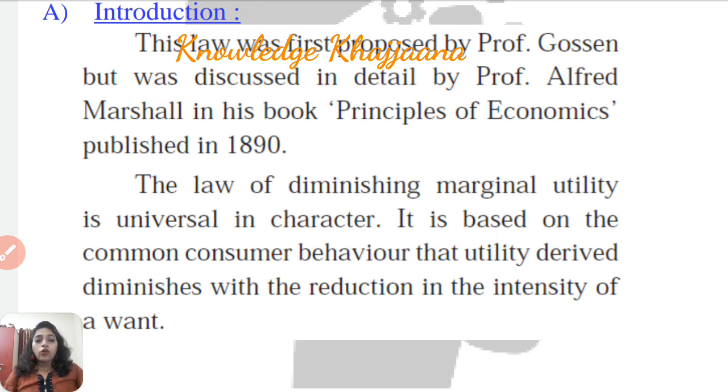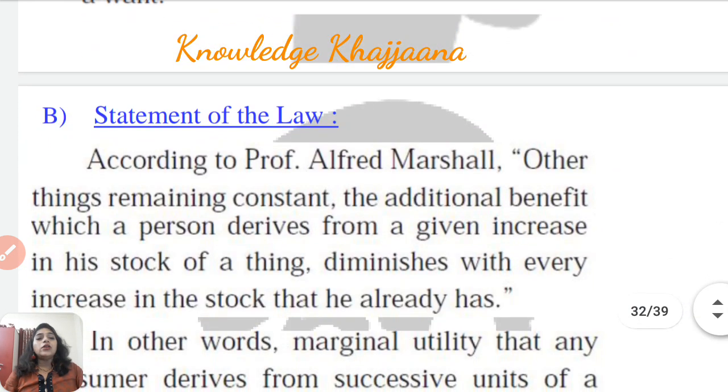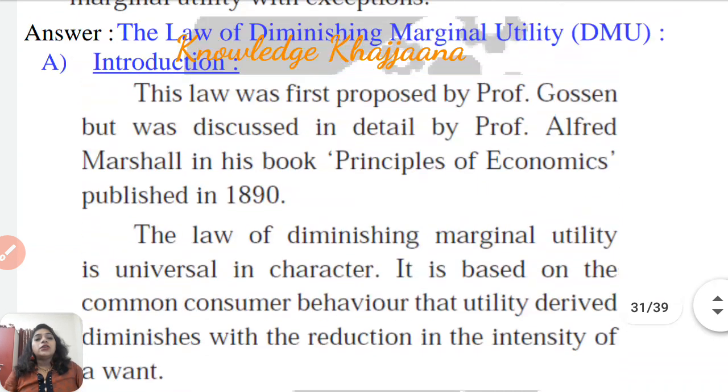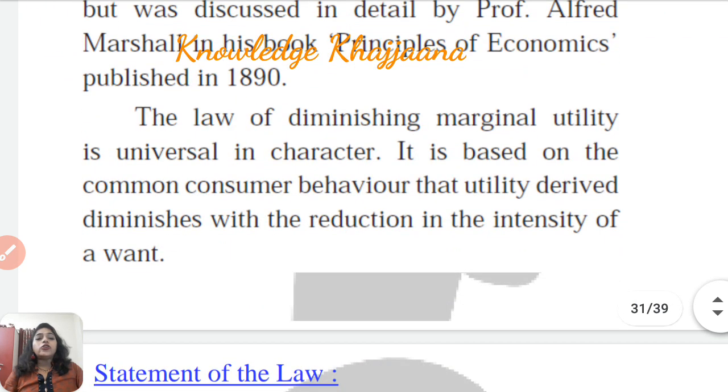It is based on the common consumer behavior that utility derived diminishes with the reduction in the intensity of want. So as the intensity of a want decreases, the utility derived from consuming that product also declines. You can write in your own words for the introduction also.